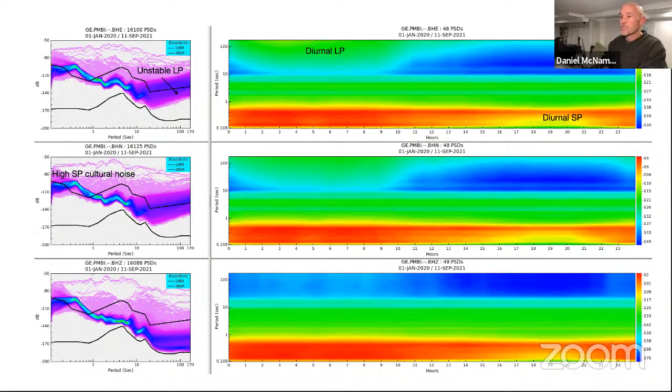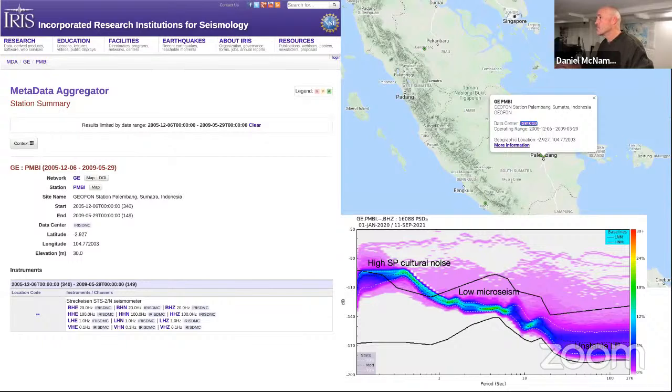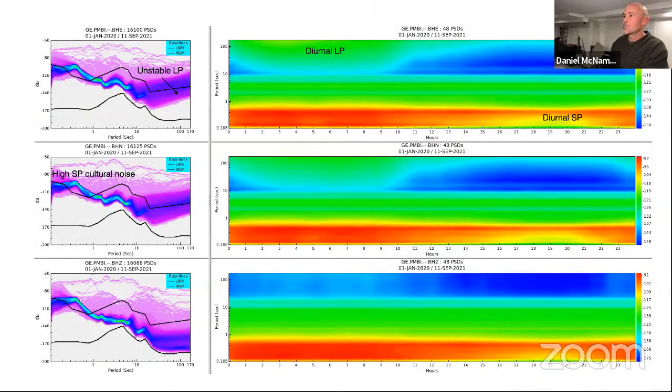And again, this is probably due to being located close to a road or close to a small village or a city. I'm not sure. I didn't really zoom in to have a look, but it's fairly high cultural noise compared to many of your other stations. That might be one of the highest noise levels that I've seen at the short periods anyway.